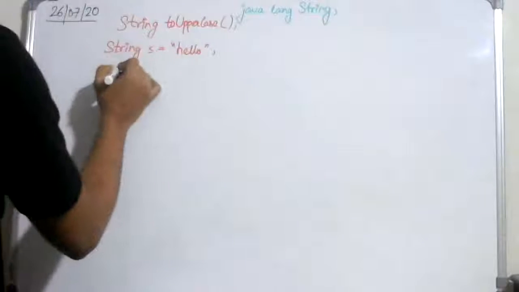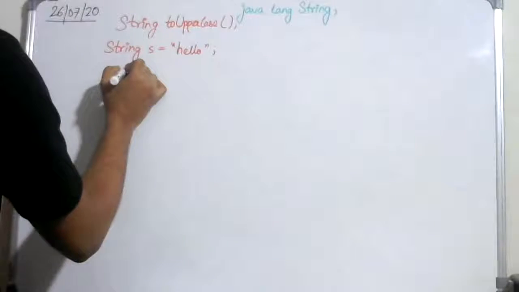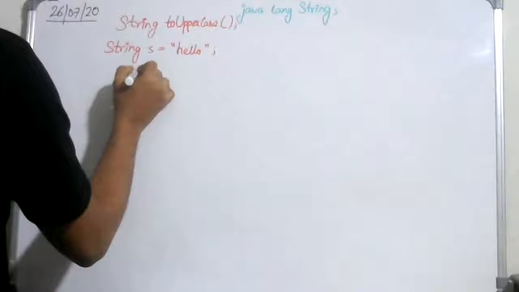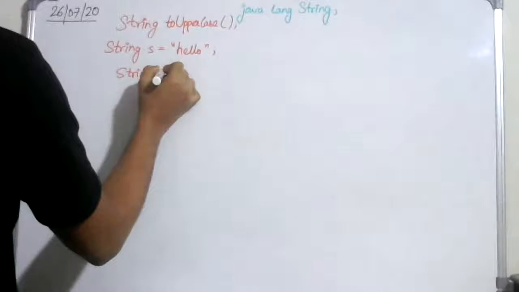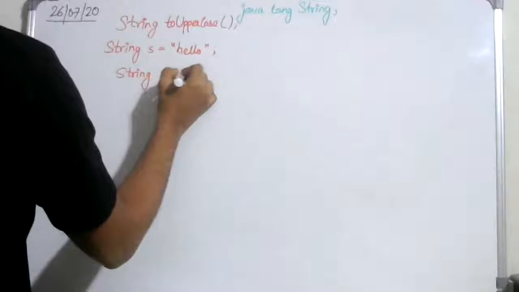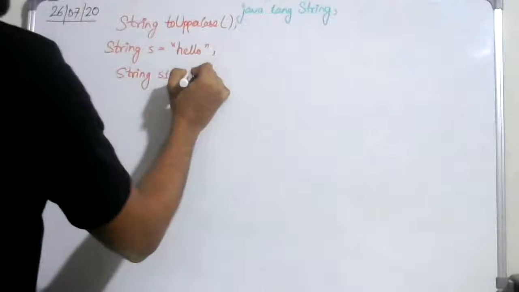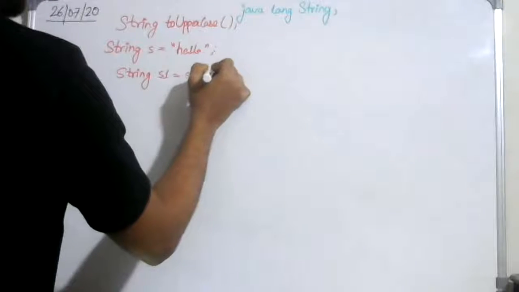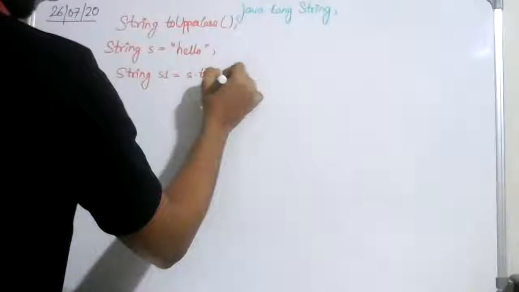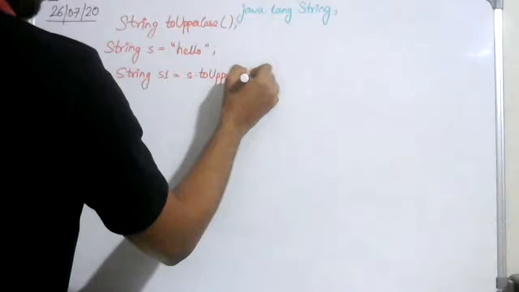Now I'm using a different variable because I want to preserve the original value. So I'm defining a new variable s1 and I'm doing s dot to uppercase. So that's how you call this function.